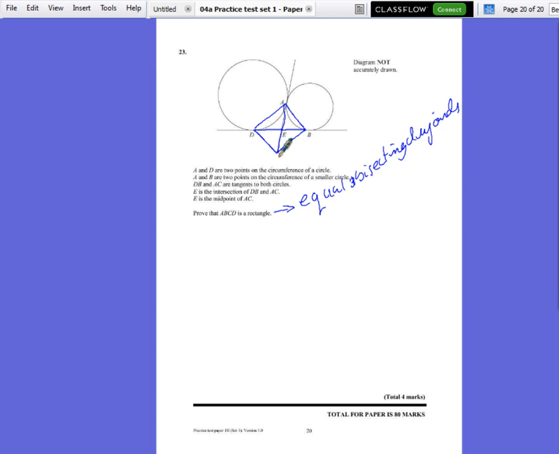So the first circle theorem we need to use is that where tangents from an external point are equal in length. So we can say that DE is equal to AE.